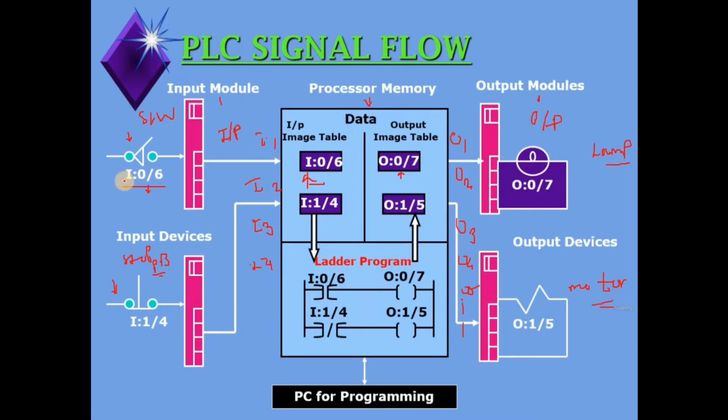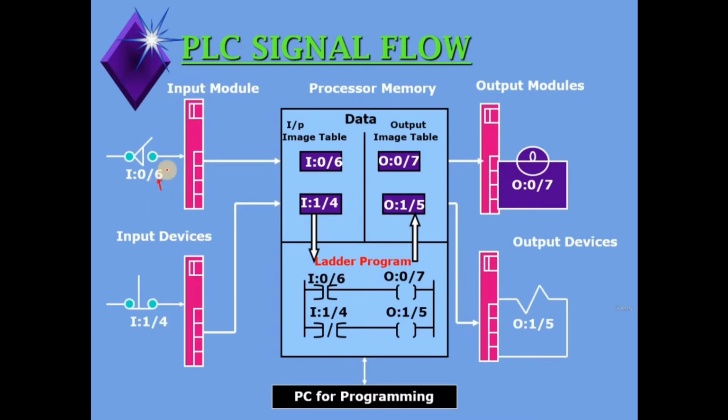Here you can see I:0/6. I means what? I is nothing but the input. The 0 is nothing but the word number. And the 6 is the bit, what we see in software.